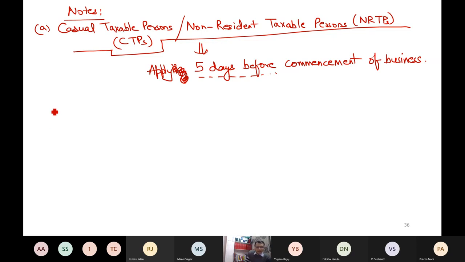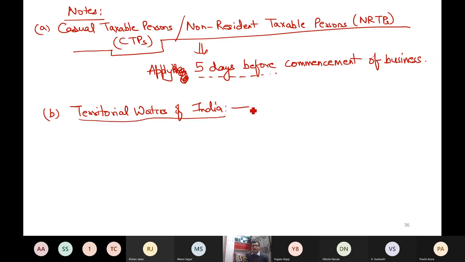Then another point is, if you are supplying from territorial waters of India, not from any land, territorial waters of India, then in which state should you register?